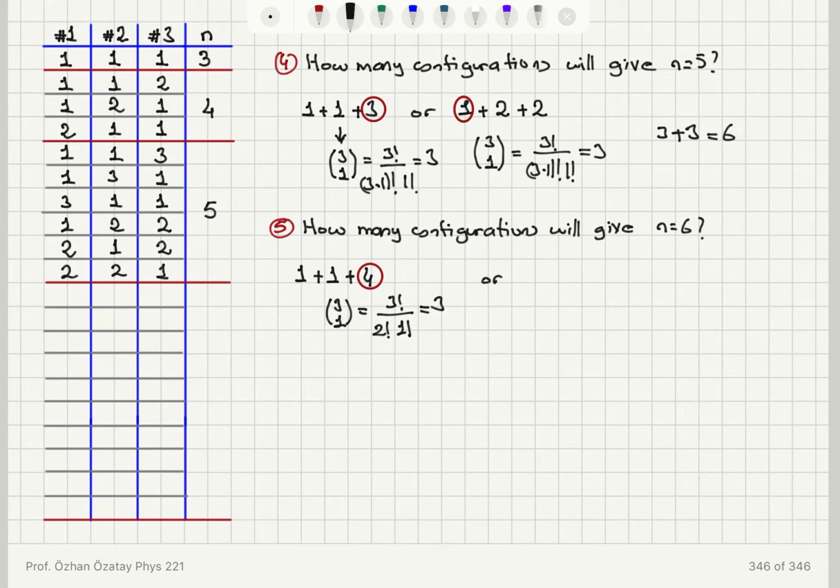Or I can have 1, and then the second one is 2, then to get 6 I have to get 3, so this will give me a 6. I can pick one of them and assign to it 1, while the other 2 can be 2 or 3.